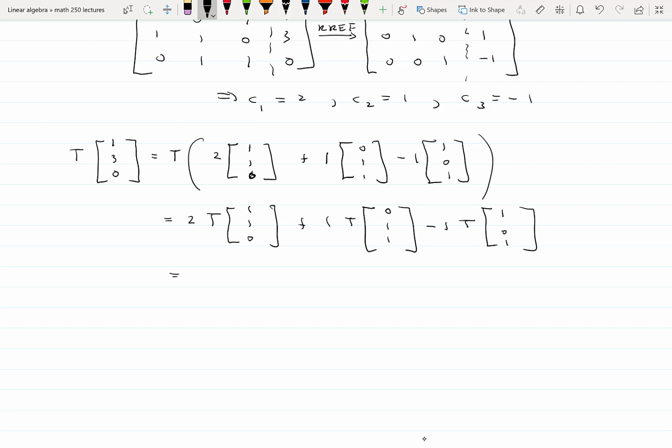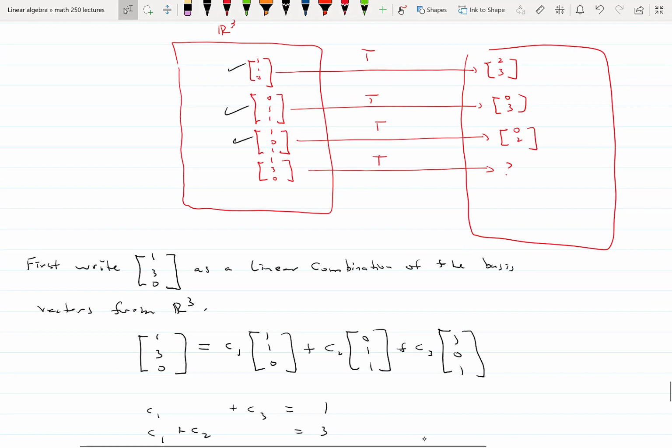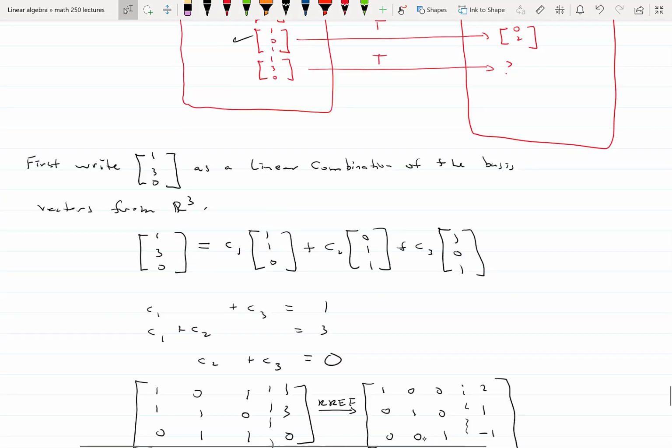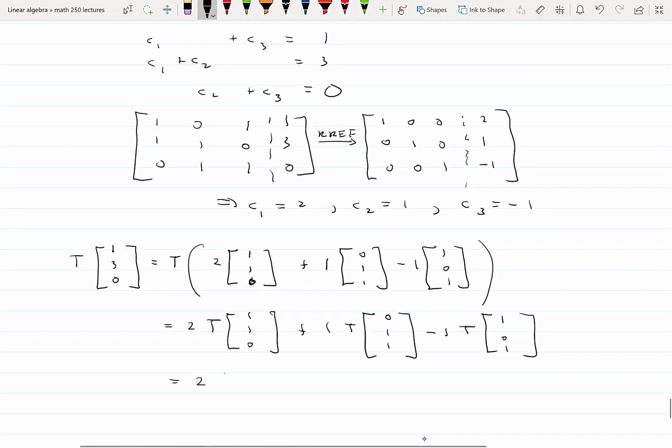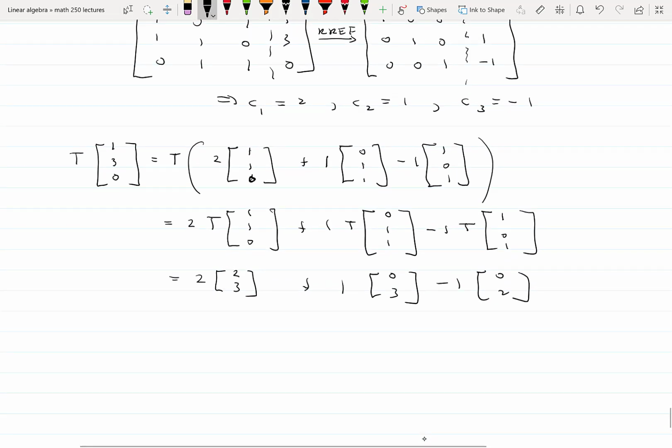And I know the action of the transformation on the basis vectors. They get transformed into (2, 3), (0, 3), and (0, 2). If you perform this matrix addition, you get (4, 7).